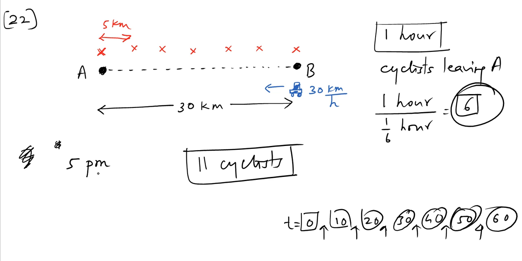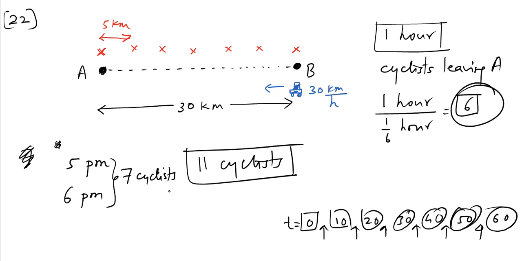Now it's going to reach A at 6 p.m., and from 5 p.m. to 6 p.m. there are 7 cyclists which set out from A going towards B. Now 7 would include the first and the last one. Let's just assume that they are to be counted initially.